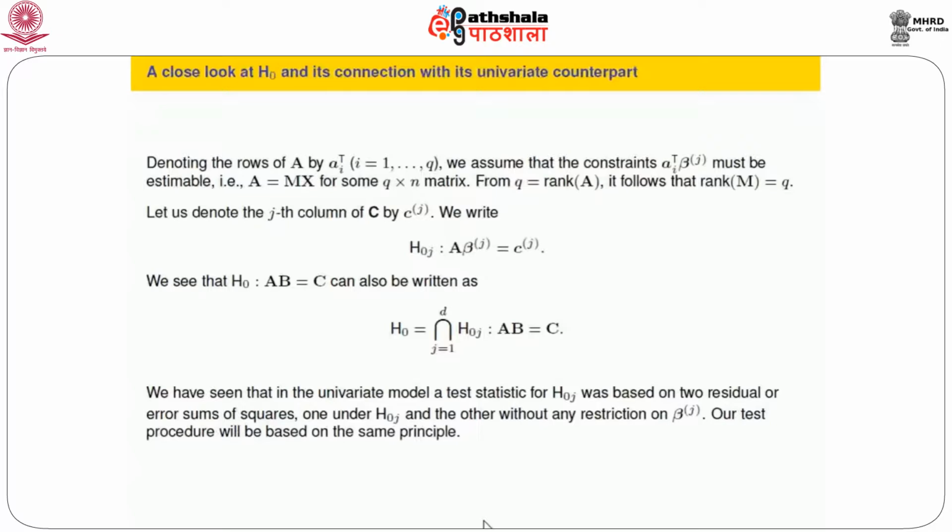Now once we did this, we have also seen that for this testing hypothesis problem, one can show technically that the test statistic turns out to be a difference of two residual sums of squares, the residual sum of squares being computed under the null hypothesis and without any restriction over the beta parameter. And it's a principle, and we are going to use basically the same thing. So our test procedure will be based on the same principle.